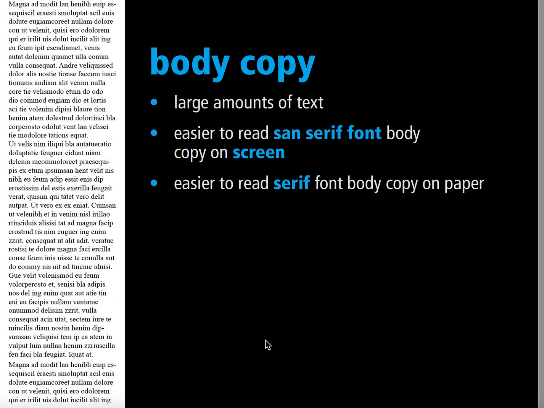But in contrast, it's easier to read serif, meaning they have a foot, on printed paper. So that goes back to lessons prior where it's like, where is this going to come out? How is this piece going to be presented to the world? Is it going to be a printed poster or is it going to be on a website? So think about that. Typically screens are easier for sans serif, and paper is serif.